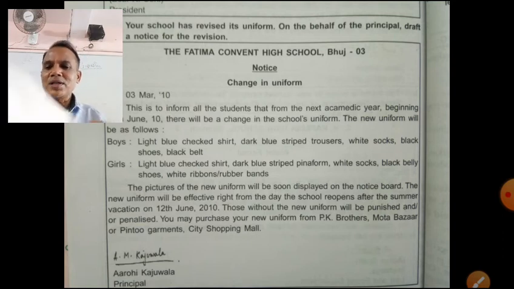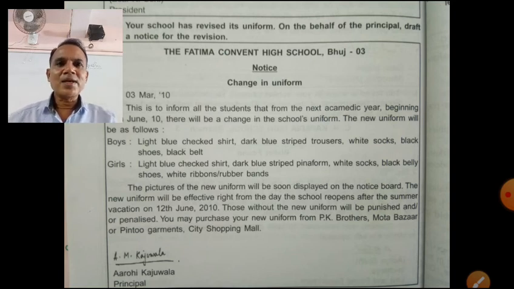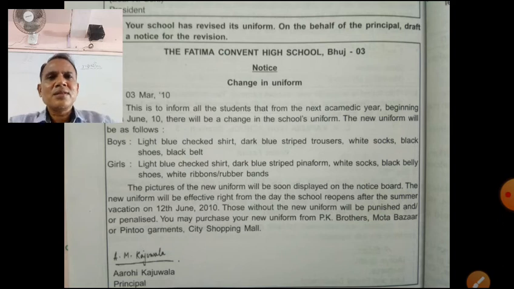Now on different points we can write the notice. For example, there are a wide range of topics of notice. However, the main points of important and most likely to be asked notices are given, like notice for any function or event.